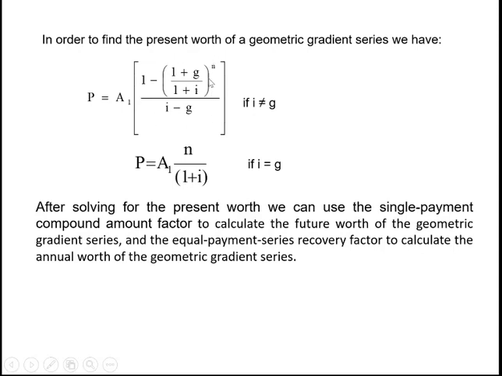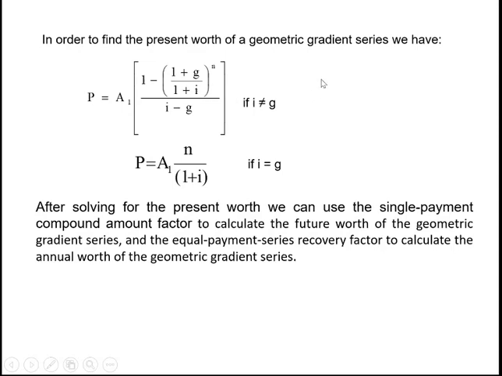First of all, if we want to calculate the future worth of the geometric gradient series, if i is different from g, we use these formulas times the single payment compound factor, that is (1 plus i) to the power n.